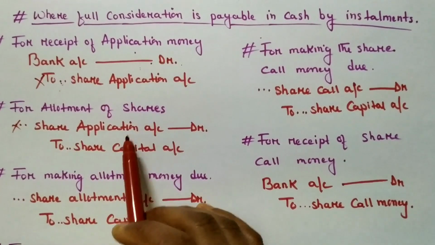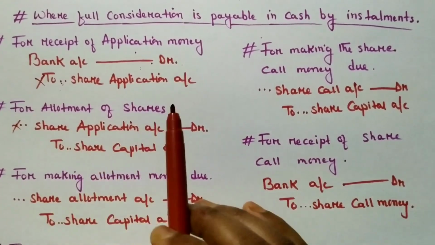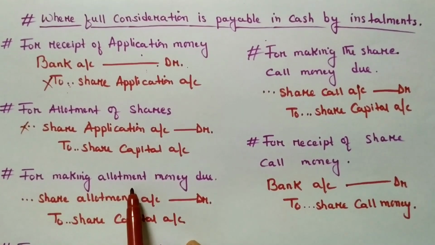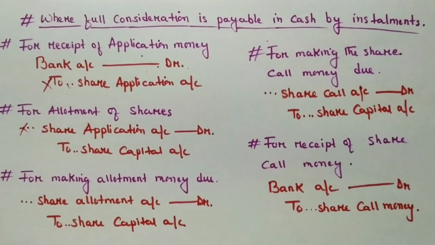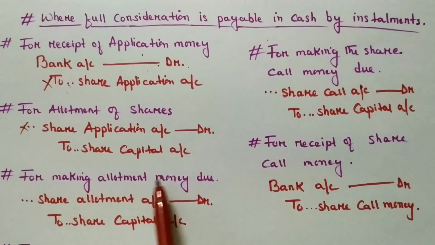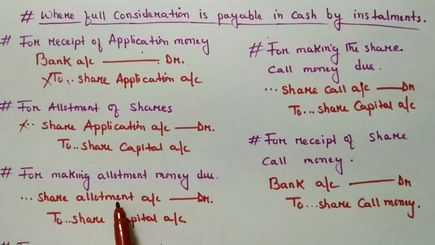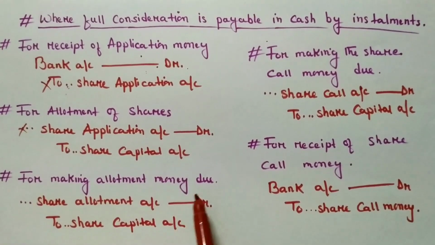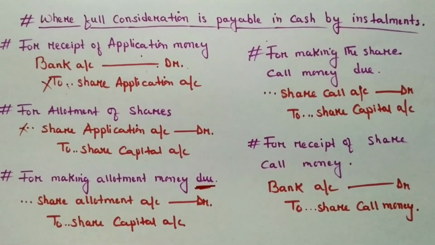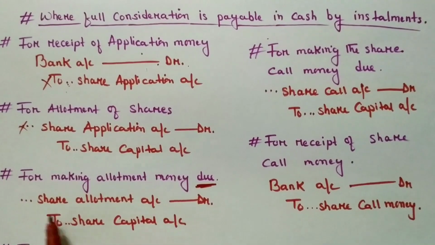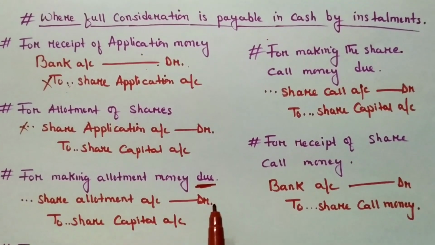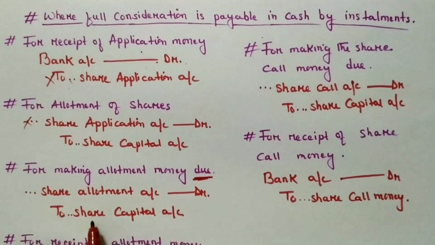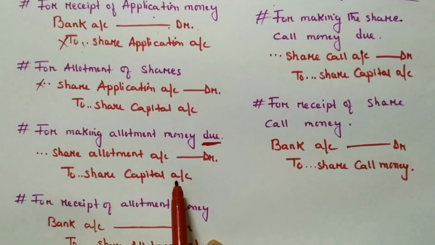So first these two journal entries. After these two, go for making allotment money due. Here, the company calls for the shareholders to give their allotment money that is due. Due means it is not paid yet. So share allotment account will be debited and share capital account will be credited. Why is share capital account credited?